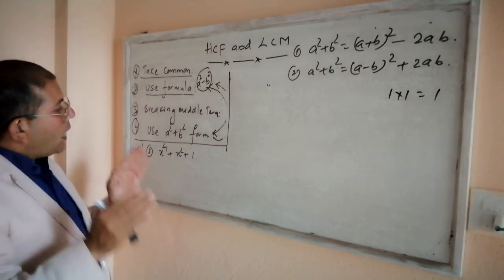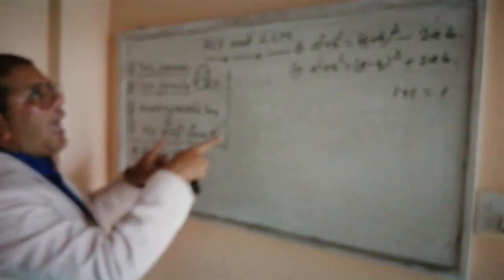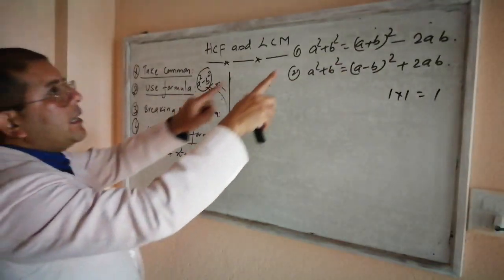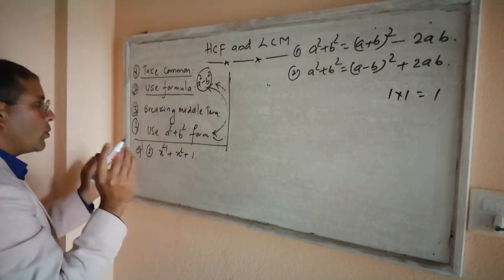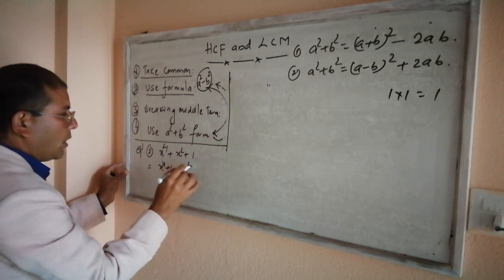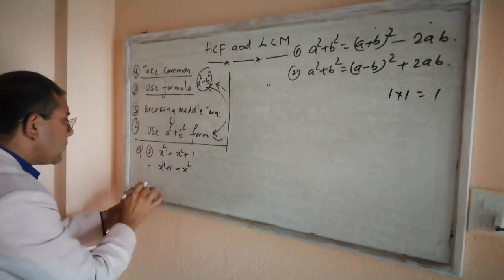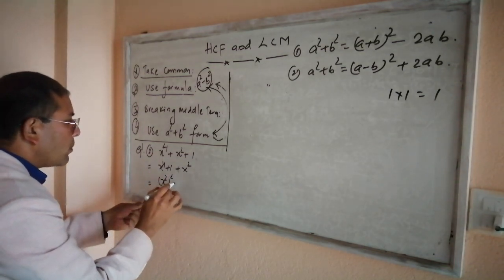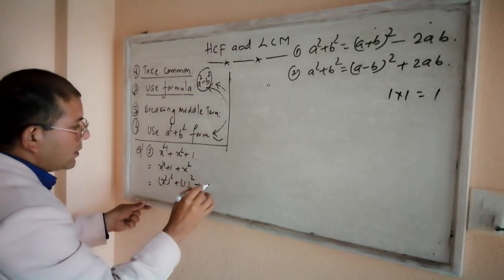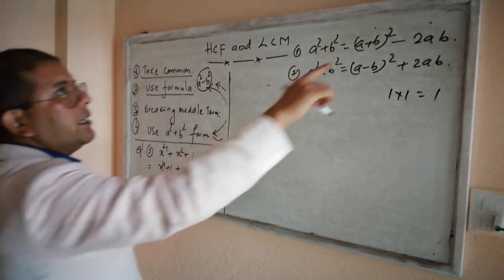So take the highest and lowest power. These two are the highest and lowest power, as a square plus b square. So you should make a group: x power 4 plus 1, plus x square. Now these two are in the form of a square plus b square. It is x square whole square plus 1 whole square. After this, the a square plus b square formula is this one.